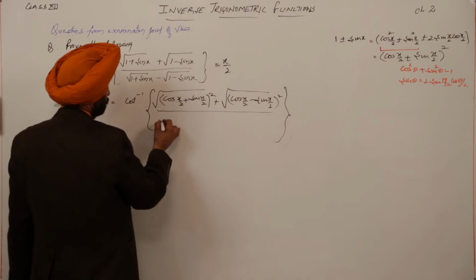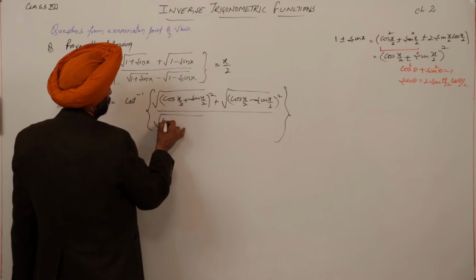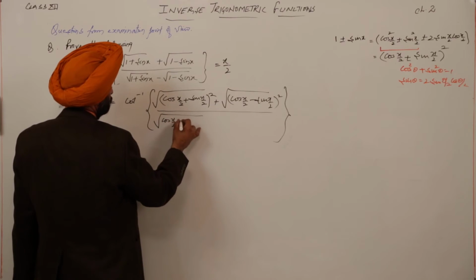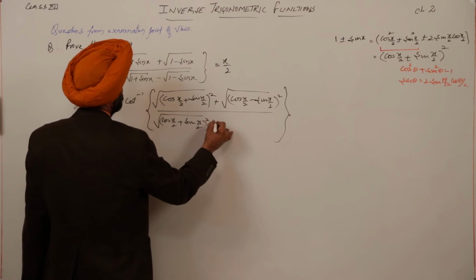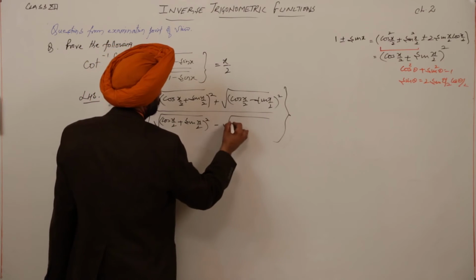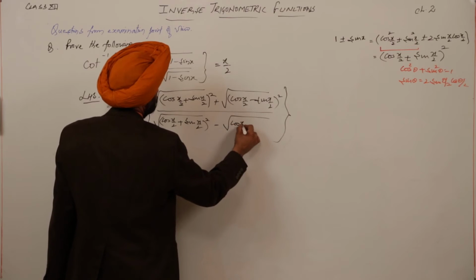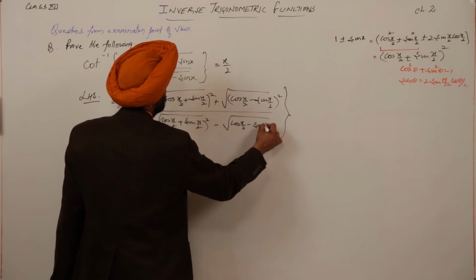Similarly, for the denominator part, the square root of (cos(x/2) plus sin(x/2)) whole square minus the square root of (cos(x/2) minus sin(x/2)) whole square.